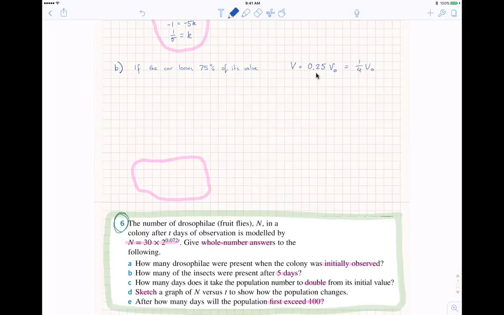We're going to use the value that we calculated for k from the previous part of the question, and substitute our value for v and our value for k into the equation. So our equation becomes 1/4 v0 equals v0 times 2 to the minus 1/5 of t.